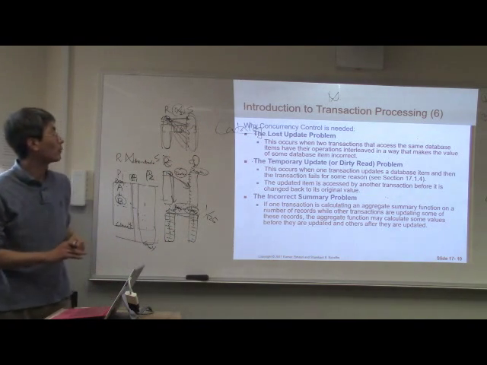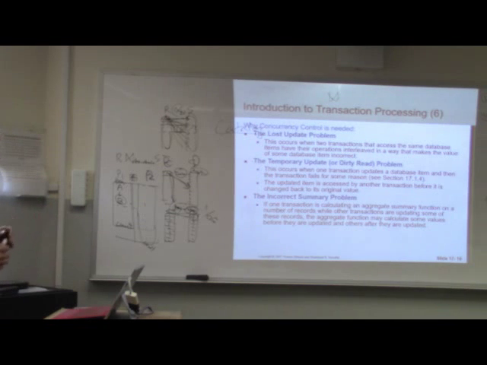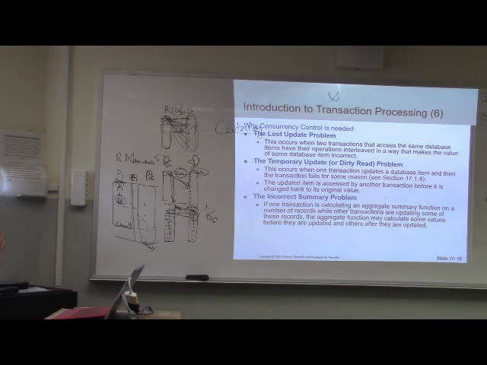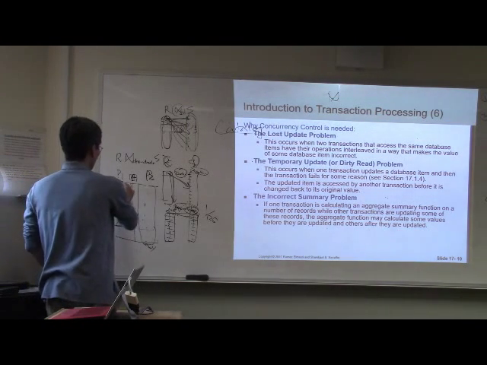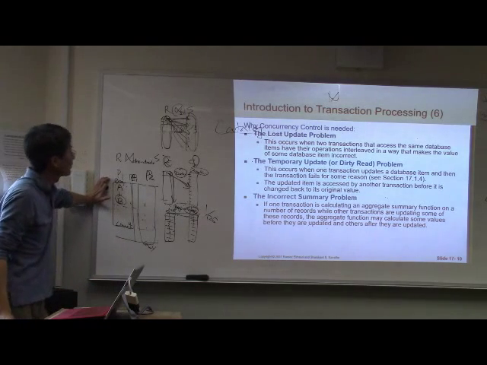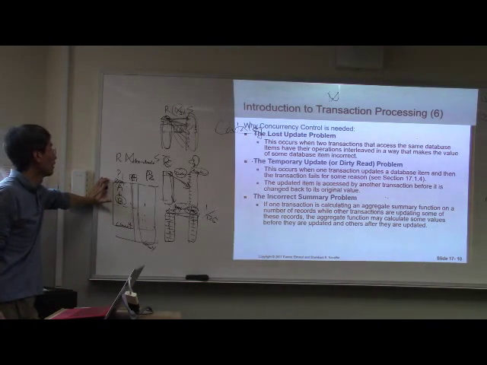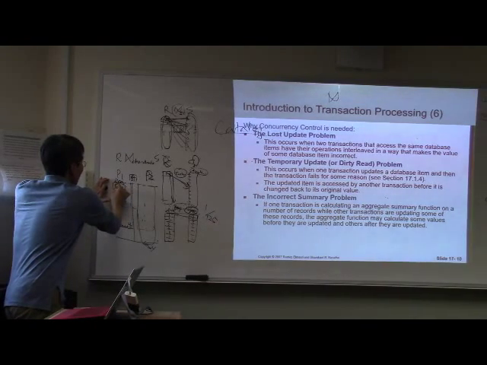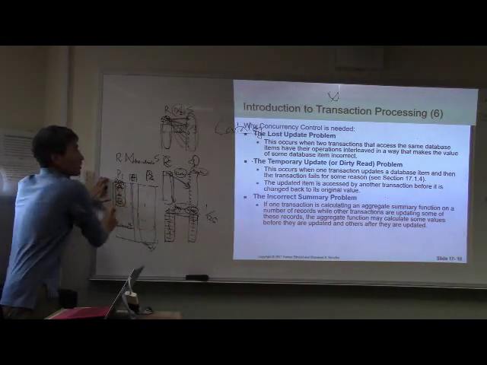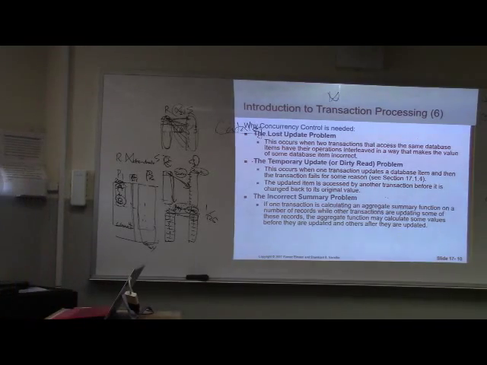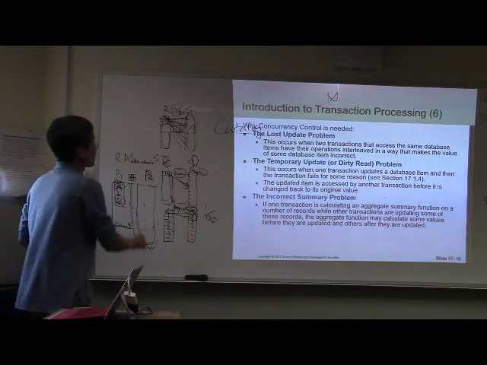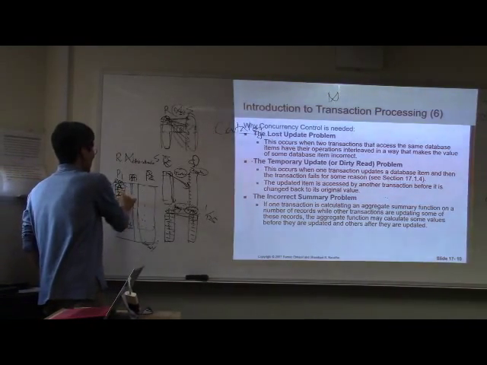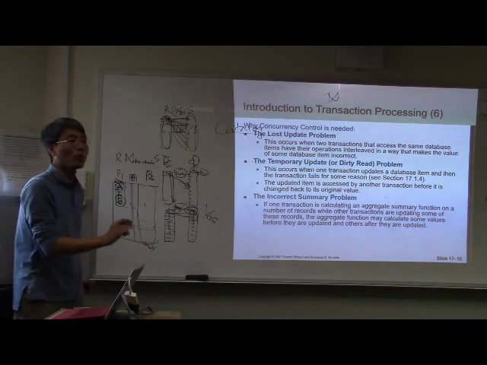The temporary update problem is where process 1 updates the data. Okay. For example, there is employee salary information, and salary is given a 10% increase. So I'd like to update all the salaries.